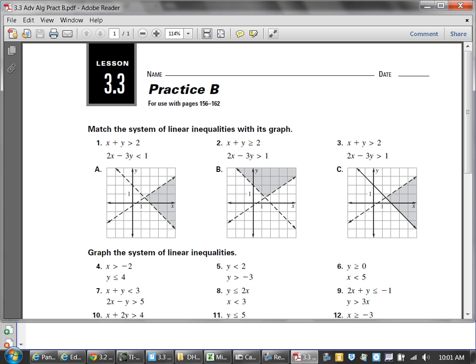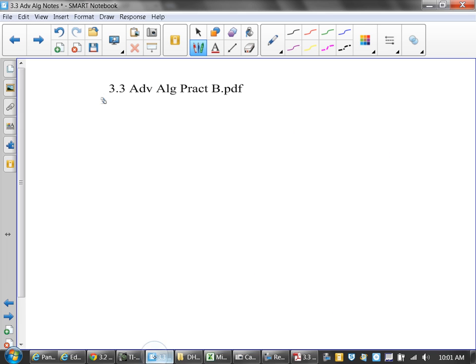Wait, since x could equal 0, wouldn't it be like pretty much all from the y is greater than 2x minus 1? Wouldn't everything from that line backwards towards 0 be, wouldn't it all be? Yeah, it is.